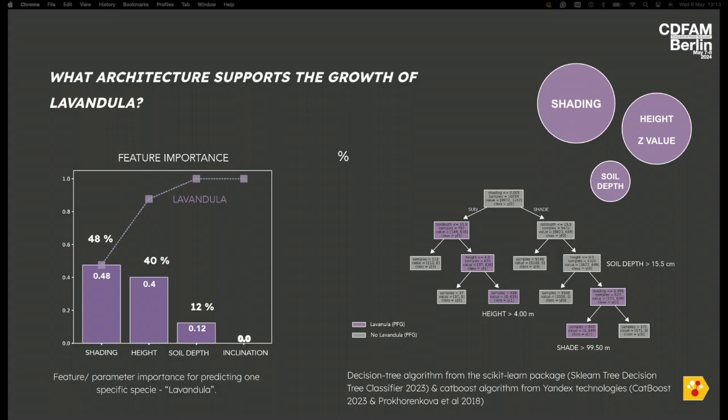The machine learning decision tree algorithm identified shading, height, and soil depth as key factors affecting the growth of lavandula, and also in this order of importance, as you can see on this graph. Our findings show that lavandula thrives in areas with minimal shade, height above 4 meters, and soil depth over 15.5 centimeters. So this was actually interesting information.